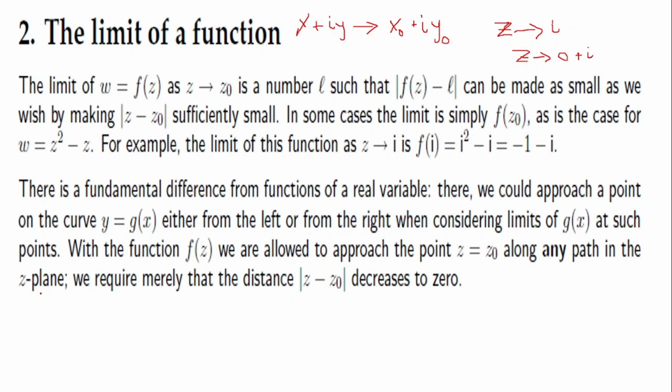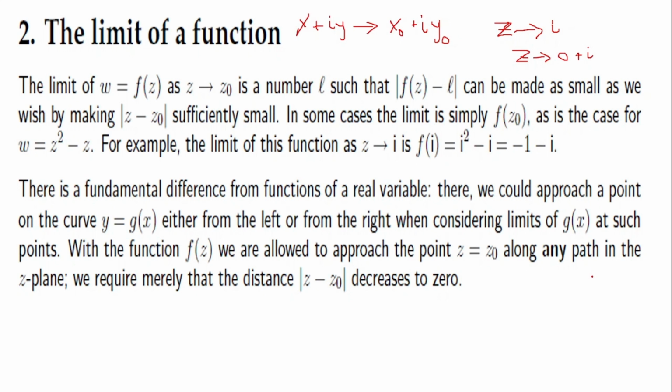But now, there is a fundamental difference from functions of real variables. There, we could approach a point on a curve either from the left or from the right when considering a limit at such a point. But in the case of a complex function, we are allowed to approach the point z0 along any path.